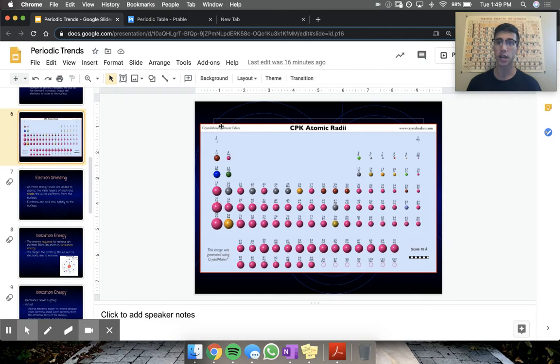Let's take a look at what effect that has on this trend. Here's a generic look at the atomic radius of all these different atoms in the periodic table. Just like we talked about, as we go from top to bottom, from one period to the next, we're gaining more electron shells and the atom is getting bigger. The atomic radius is increasing. But as we go from left to right, the atoms look like they're getting smaller.